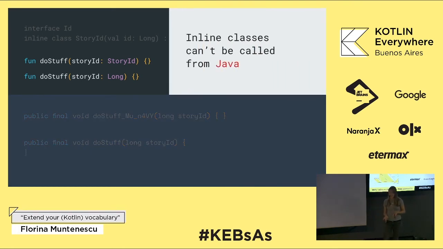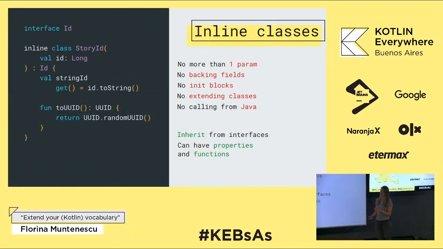But the disadvantage of this is that this mangling isn't recognized from Java. So if you're in the process of migrating your code from Java to Kotlin, you can't use inline classes that are being used in the Java code because it just won't compile. OK, so inline classes. They're great because they provide this idea of just being a wrapper.